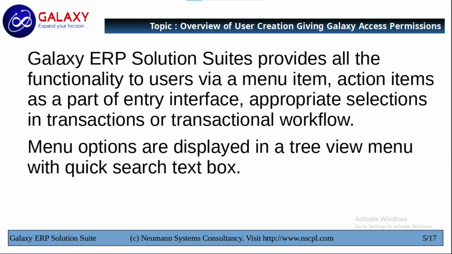Next. Topic: Overview of user creation giving Galaxy access permissions. Galaxy ERP Solution Suite provides all the functionality to users via a menu item, action items as a part of the entry interface, and appropriate selections in transactions or transactional workflow. Menu options are displayed in a tree view menu with a quick search text box.